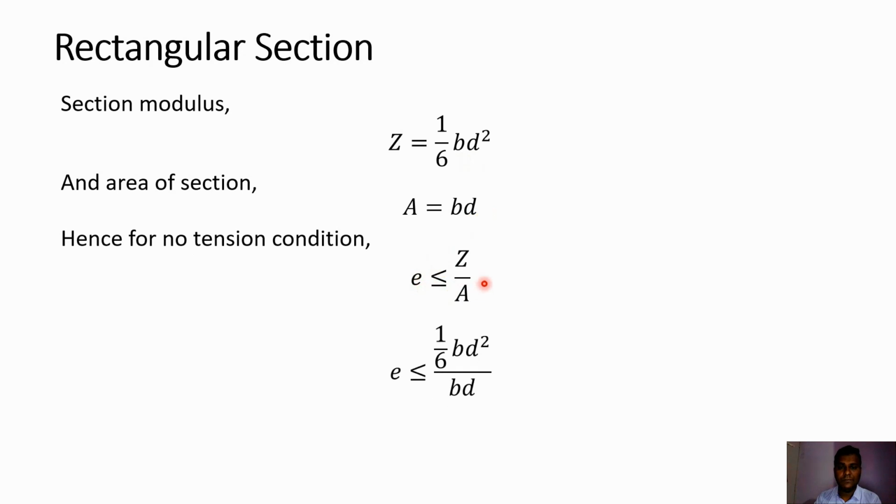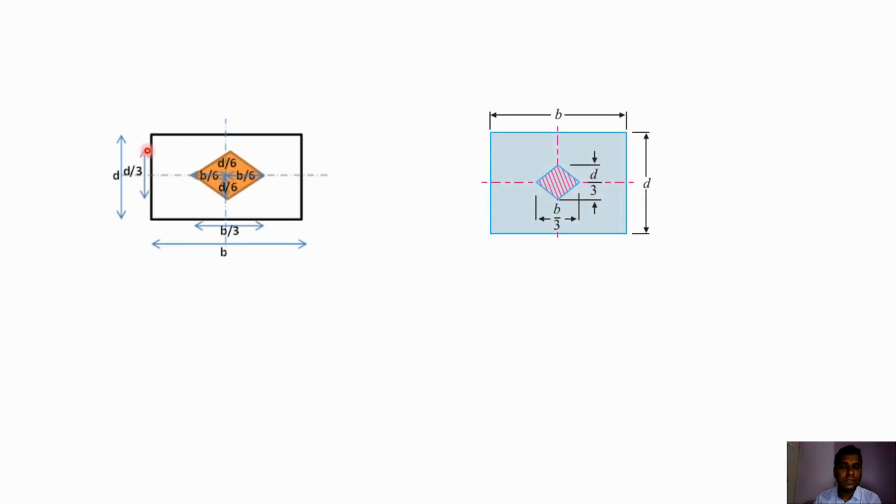So now when we put the values of Z and A and simplify, we get e should be equal to d by 6, or less than d by 6. So let us see how to locate it in a particular cross section. Here we see the rectangular cross section, these are the two axes. From the center of this column, this is b by 6 and this is b by 6.